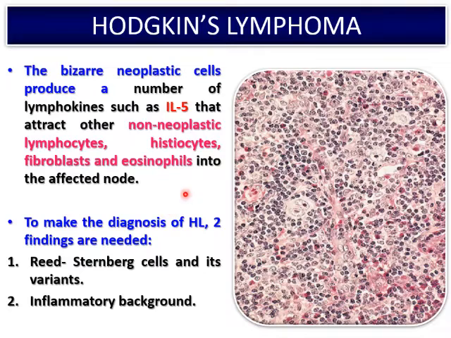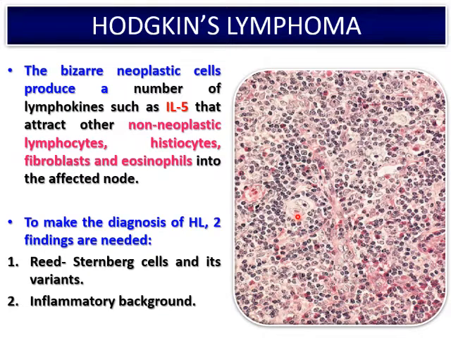Hodgkin lymphoma is characterized by an inflammatory background in the form of non-neoplastic, normal lymphocytes, histiocytes, fibroblasts, and marked eosinophils, with a small number of Reed-Sternberg or RS cells, which are important and characteristic for diagnosis.